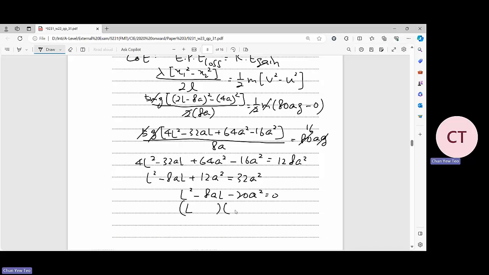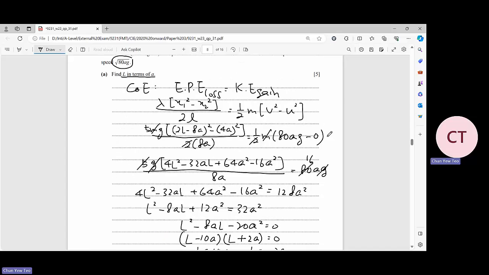Factorize it, then you have L minus 10a times L plus 2a. So L is equal to 10a, or L is equal to negative 2a. Obviously, the negative 2a needs to be ignored because L is a length. So your answer is that L must be 10a. Okay, done for part a.